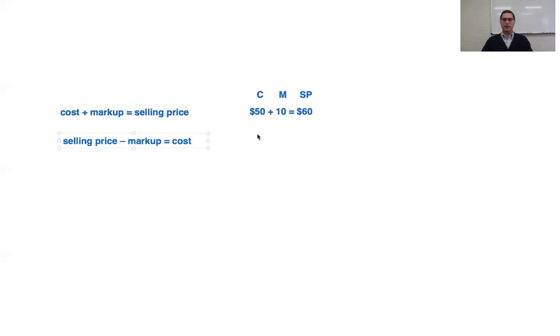So in the example here, I remember that my selling price is $60. I'll label that SP, selling price of 60, minus the markup of 10 equals the cost of 50.